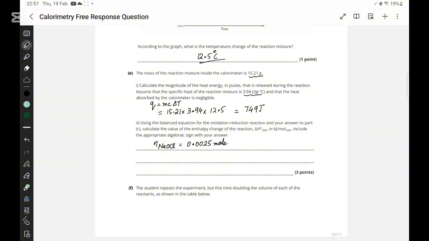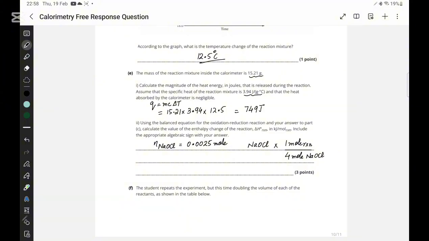And then we know that for NaOCl, you can see one thing, there will be 1 mole of reaction, Rxn, that contains how many moles of NaOCl? 4 moles of NaOCl in the reaction.